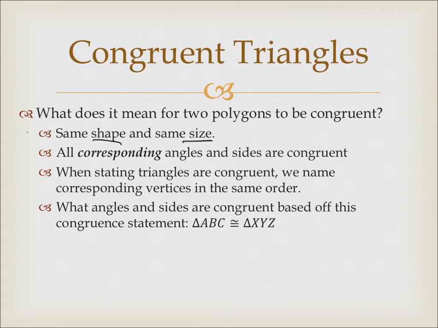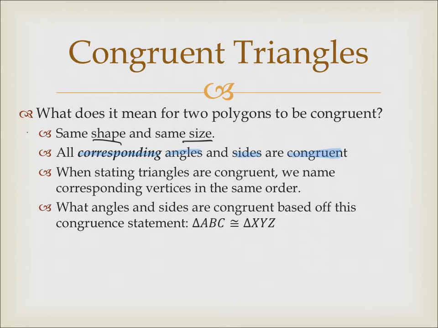And in order to do that, all corresponding angles and sides need to be congruent. And that's the really big one. The corresponding angles and sides have to be congruent. If you have this, then your two shapes are congruent. If this is off, even by a letter, then your shapes aren't congruent.